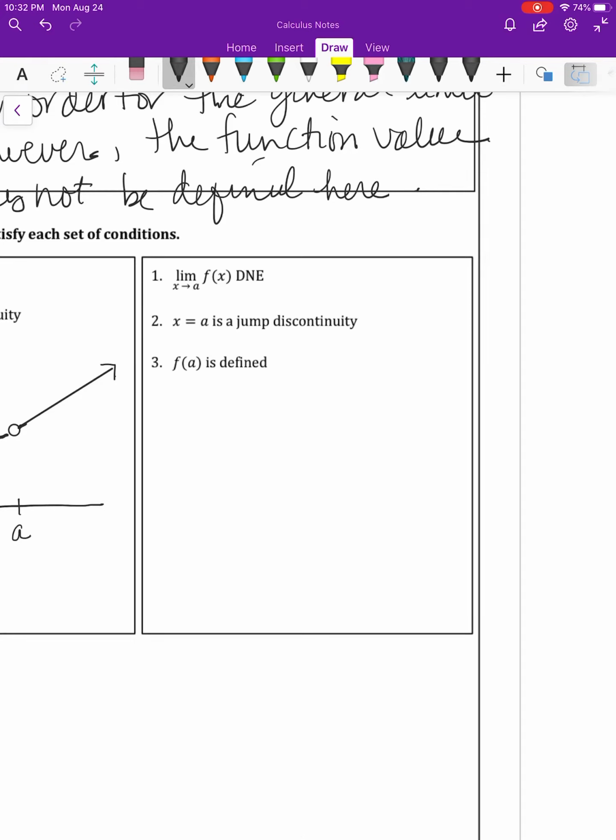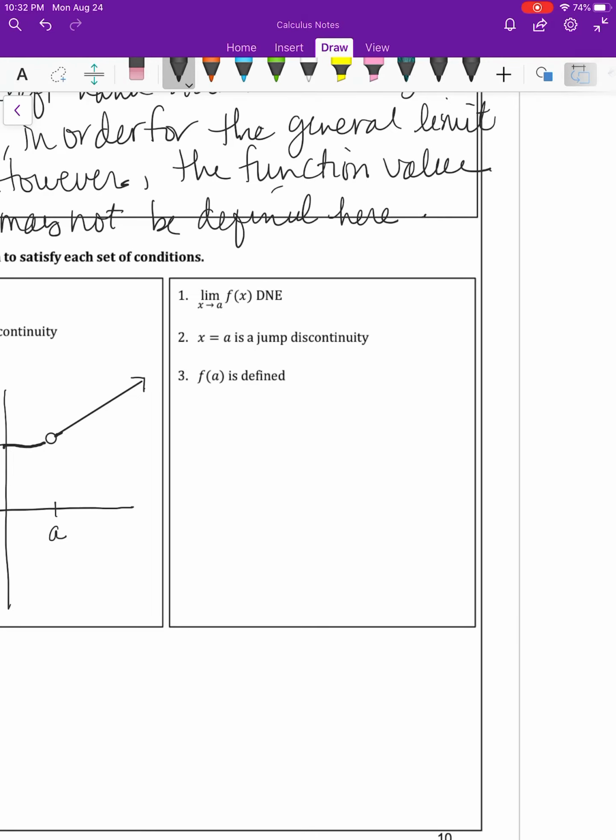All right, the next one, the limit as x approaches a of f of x does not exist. x equals a is a jump discontinuity. So if we put our a right here, and f of a is defined, there's all kinds of different ways that you could draw this.